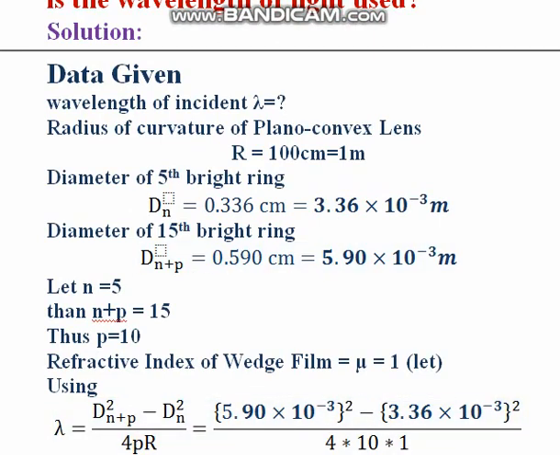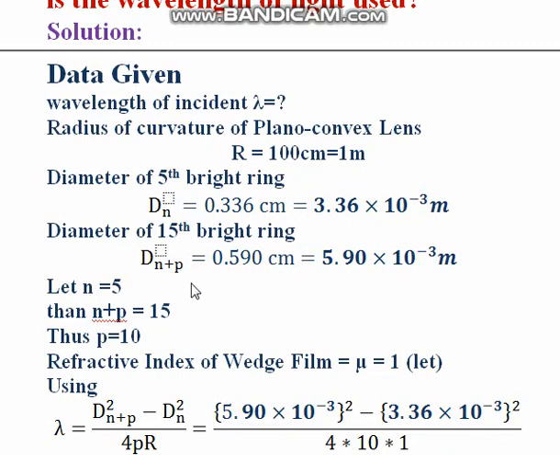What is the data given? The wavelength of incident light lambda has to be determined. The radius of curvature of the plano-convex lens is 1 meter. The diameter of the 5th bright ring is given, and similarly the diameter of the 15th bright ring. Suppose that the 5th is dn and the 15th is n plus p.